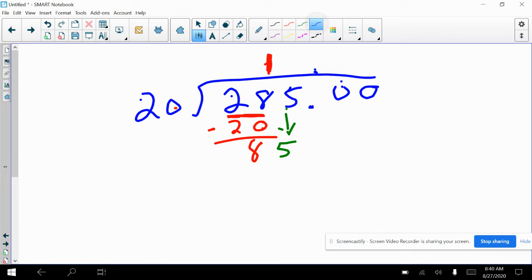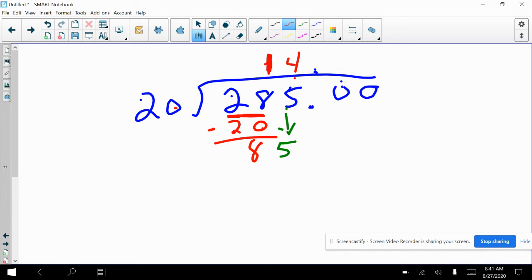Now we're going to ask ourselves, how many times does 20, our divisor, go into 85 without going over? Chase. That would be 4. That goes above the 5.